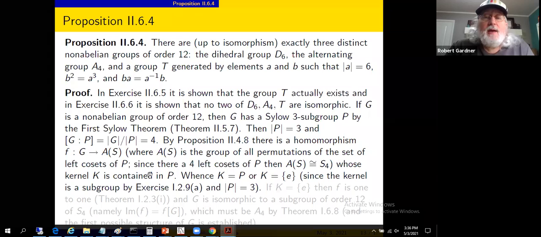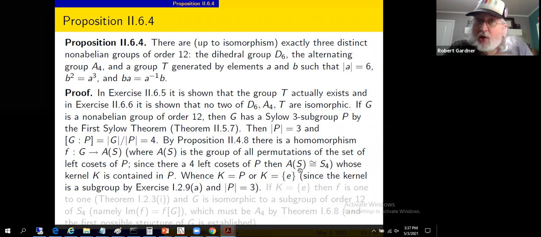By the way, how many cosets are there of P? There are 4, and we counted them a couple of lines back. Since there are 4 cosets, we're looking at permutations on a set of cardinality 4. So that group of permutations is isomorphic to the symmetric group S4 because there are 4 left cosets.